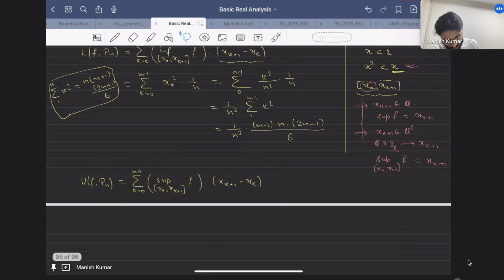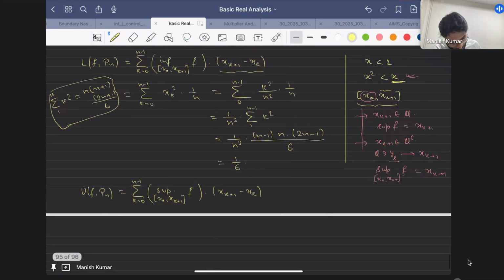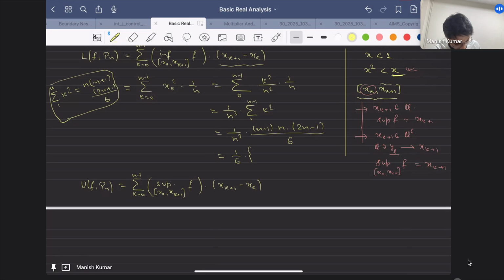This would be nothing but 1 by 6, and then you have 2n square plus 1, and then minus 2n minus n minus 3n plus 1 by n square.